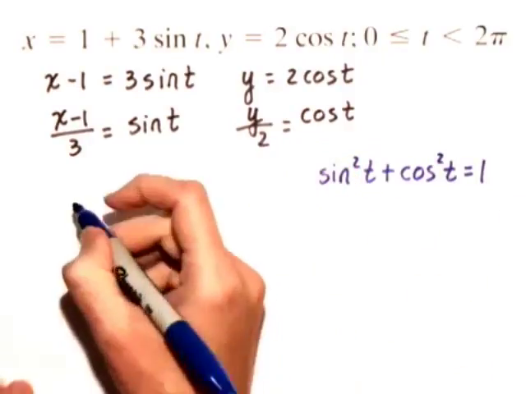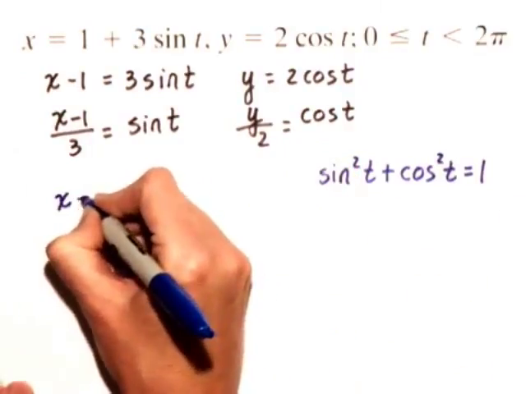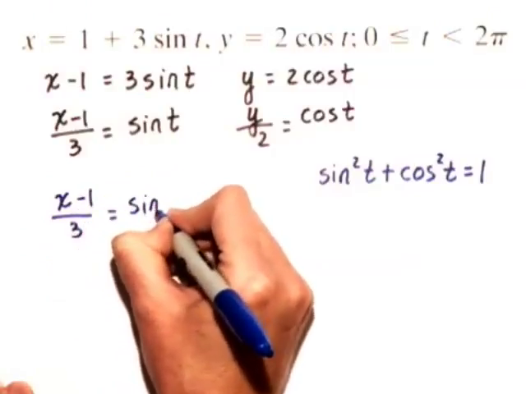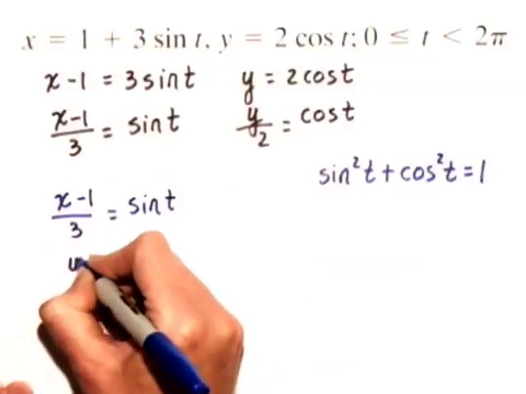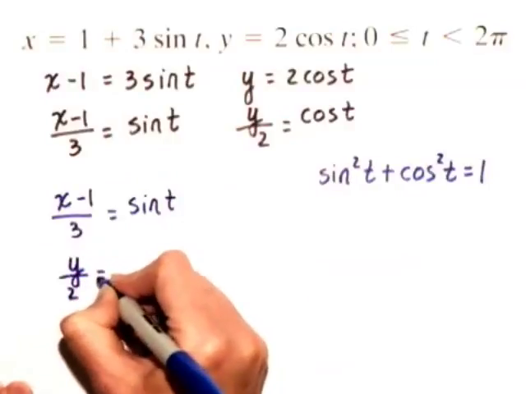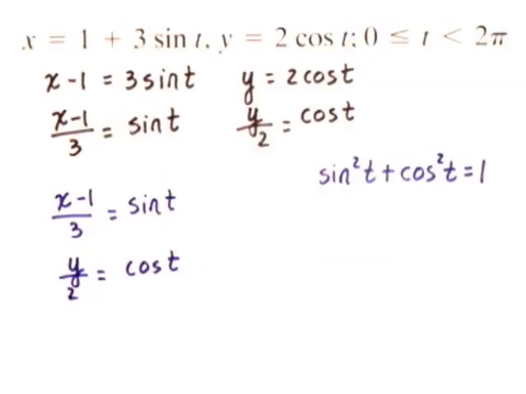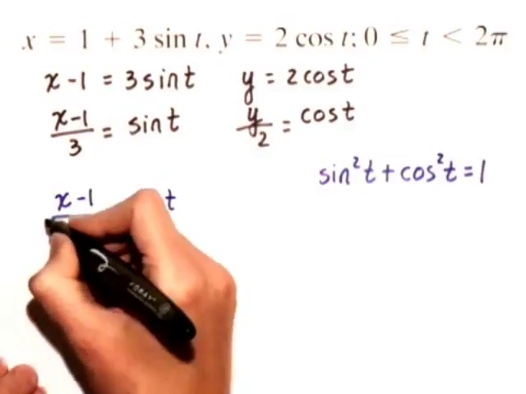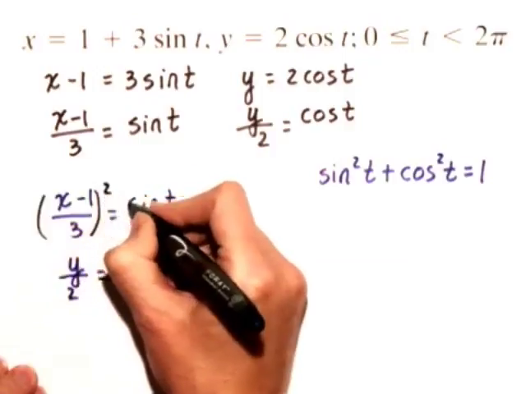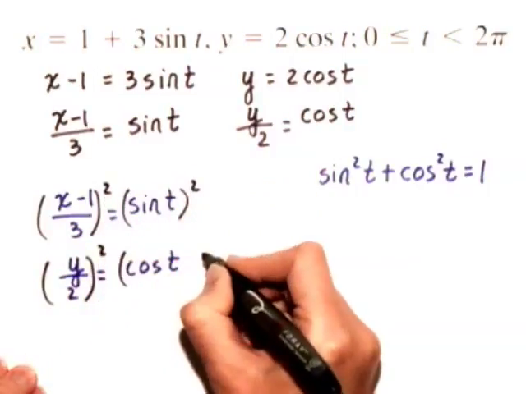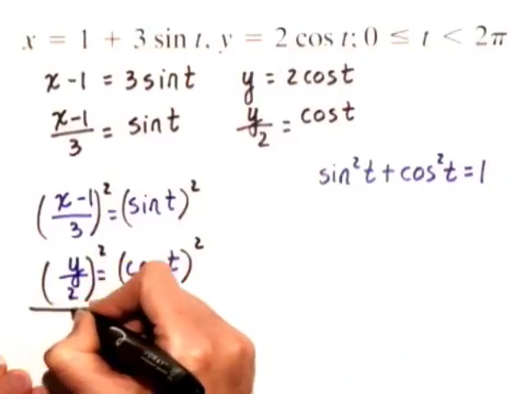So what I'm going to do is rewrite the two equations. x minus 1 over 3 equals sine t, and also y over 2 is equal to cosine t, and I'm going to take both sides of each equation and square it. Then I'm going to add.